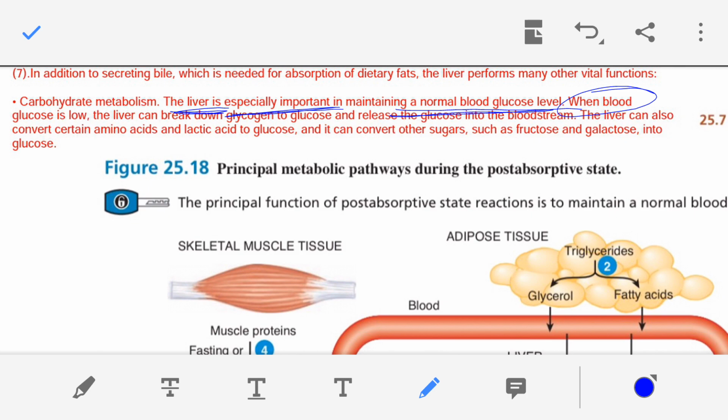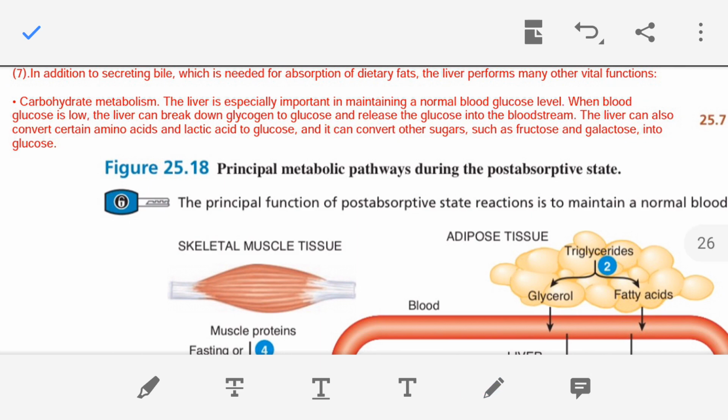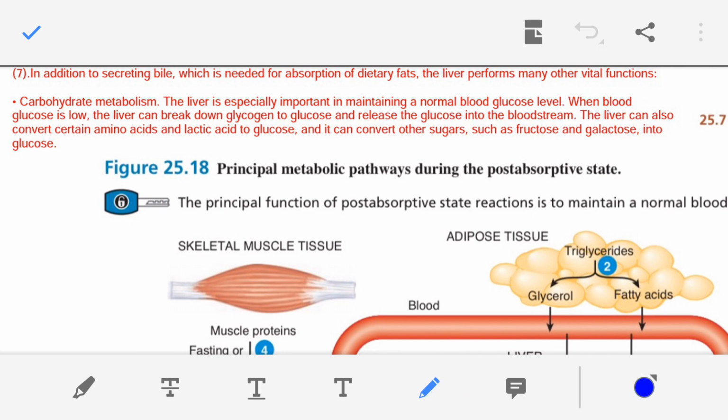So during that time period, what will happen? In the blood, the glucose level will be low. So at that time, to increase the glucose level in the blood, the liver breaks down the stored glycogen, and the liver converts glycogen into glucose, and this glucose is released into the main blood stream.